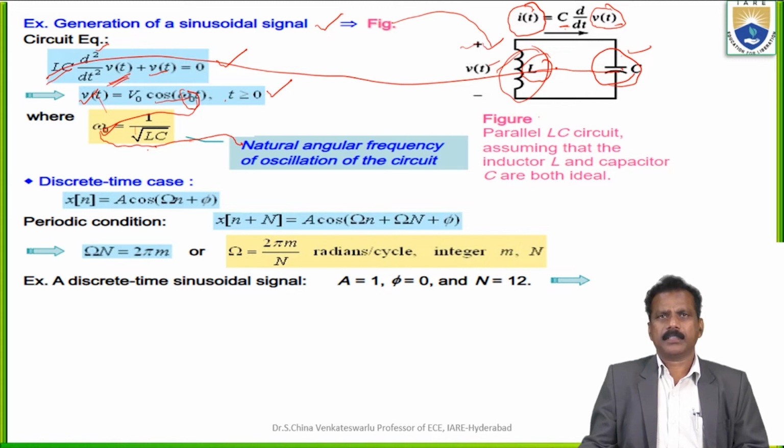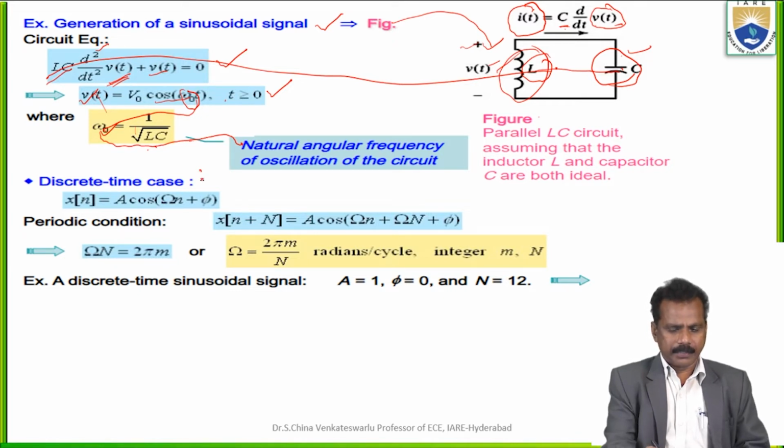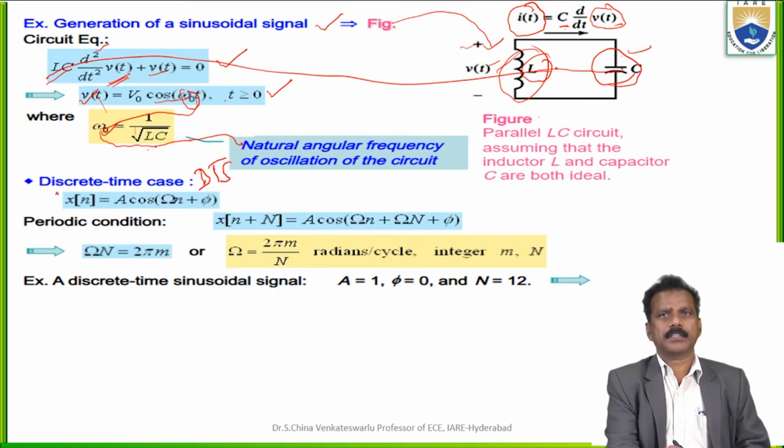Coming to the discrete time case, the discrete time signal is given by x of n equals A cos of omega n plus pi.